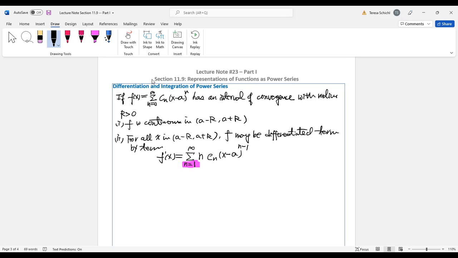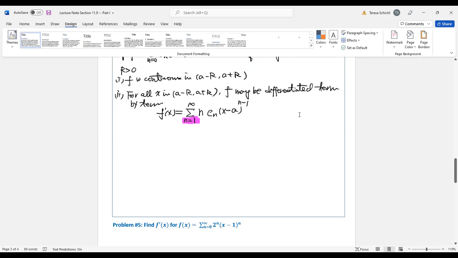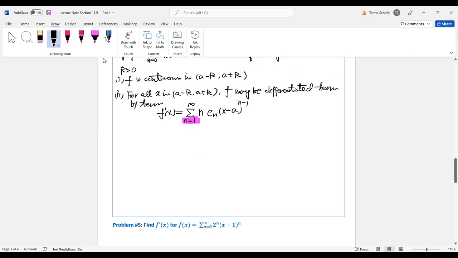Also, when n is equal to 0, the derivative is zero. That's why I can start with n equals 1. Be very careful here.